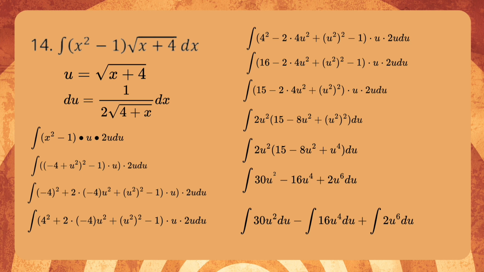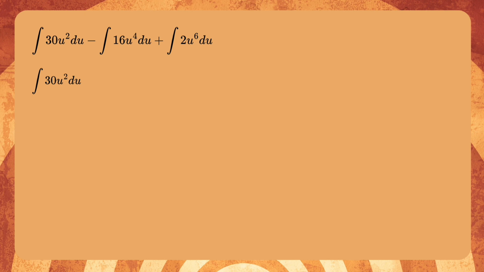And now let's apply the property of integral. So magiging integral 30u squared du minus integral of 16u raised to 4 du plus integral of 2u raised to 6 du. And now let's find the integral of each function. First is ilalabas lang natin si 30. So 30 integral of u squared du.